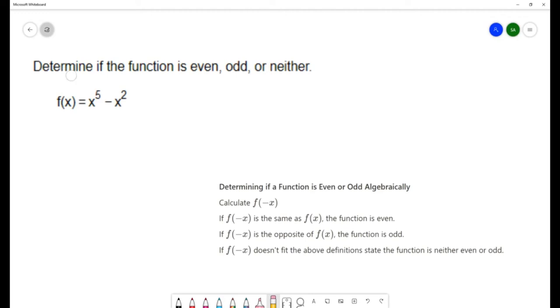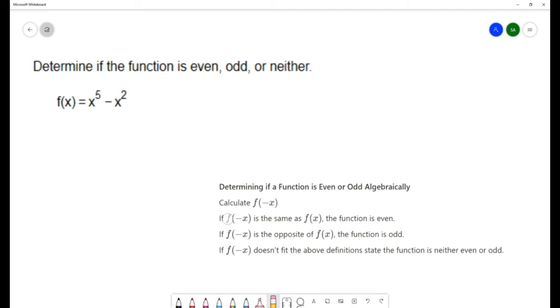On this question, we want to determine if the function is even, odd, or neither. And we have the function f of x equals x to the 5th minus x squared. So the way that we're going to go about determining if it's even, odd, or neither is to calculate f of negative x.